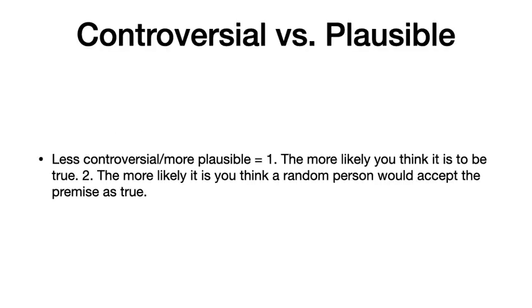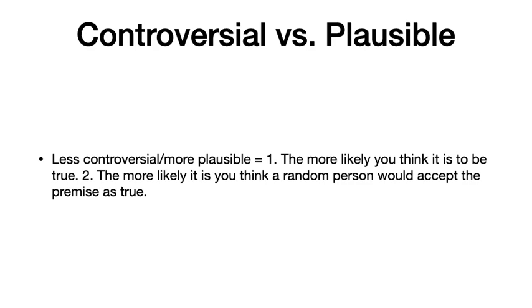So when we talk about a principle being not controversial or plausible, the less controversial a premise is, the more plausible it is. The more plausible it is, the less controversial. We mean two basic things.